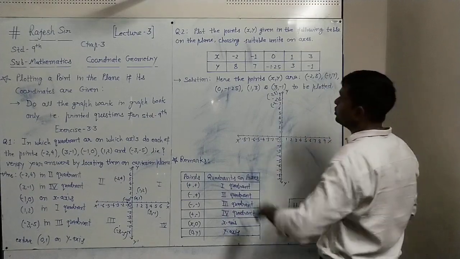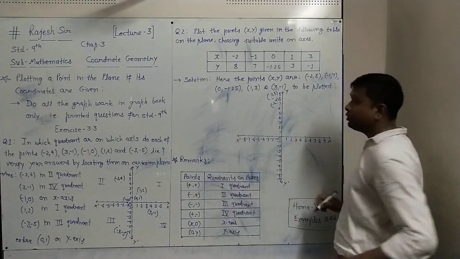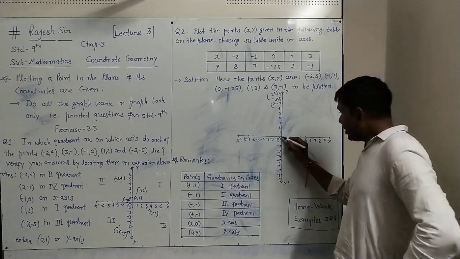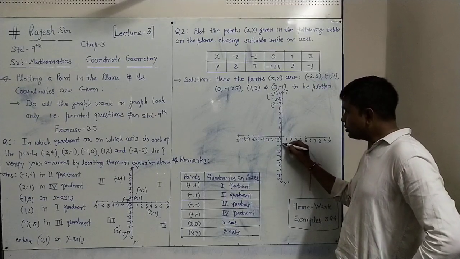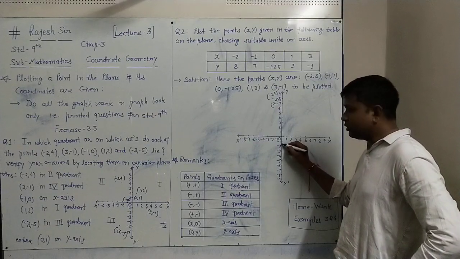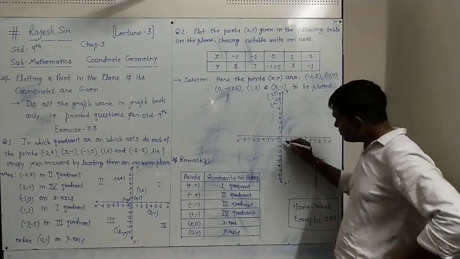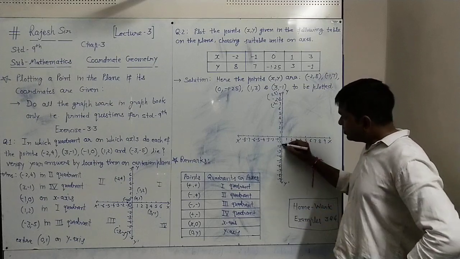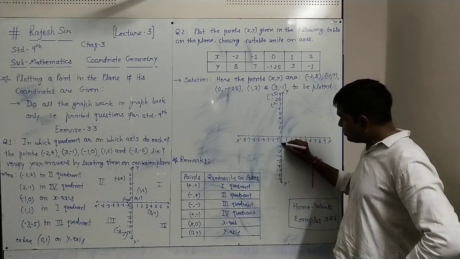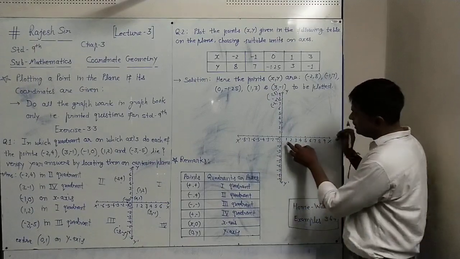Next, 0 on the x-axis here only, minus 1.25 on the y-axis. So minus 1 is here, minus 2 is here. You know that exactly between minus 1 and minus 2 will be minus 1.5. And this is minus 1.25, which means one fourth of the gap, half of half, from the minus 1 side.